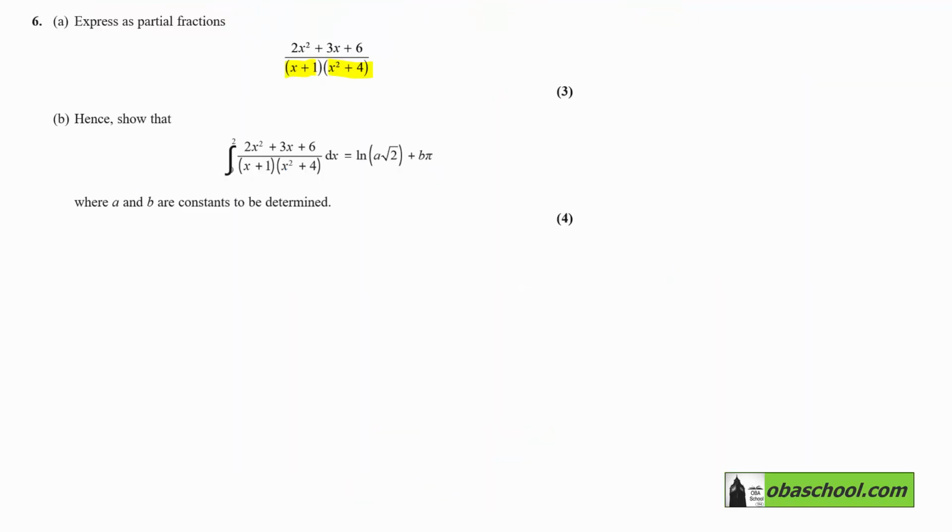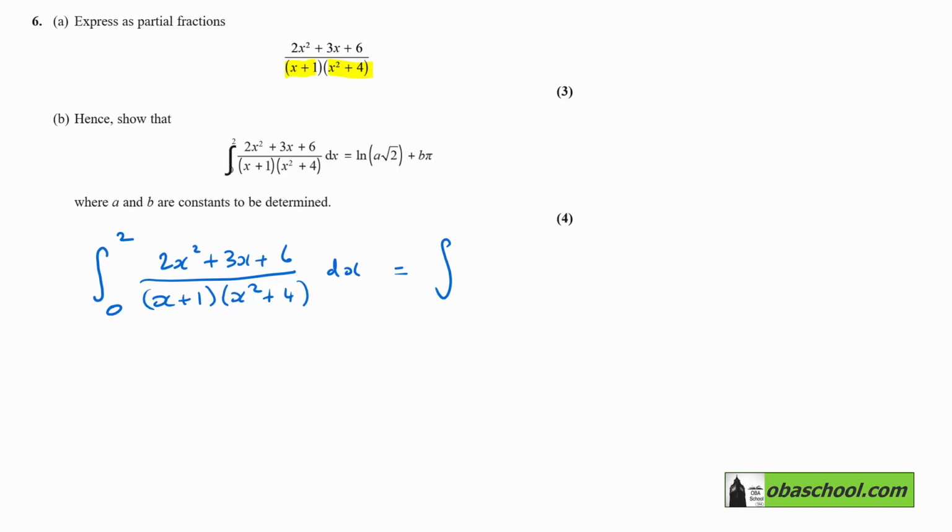So if we now want to integrate from 0 to 2 of (2x squared plus 3x plus 6) over (x plus 1)(x squared plus 4), then using our partial fractions from above, we get the integral from 0 to 2 of 1 over x plus 1.